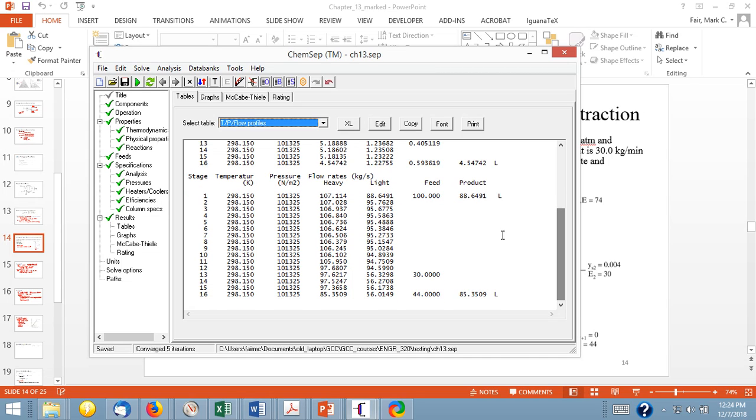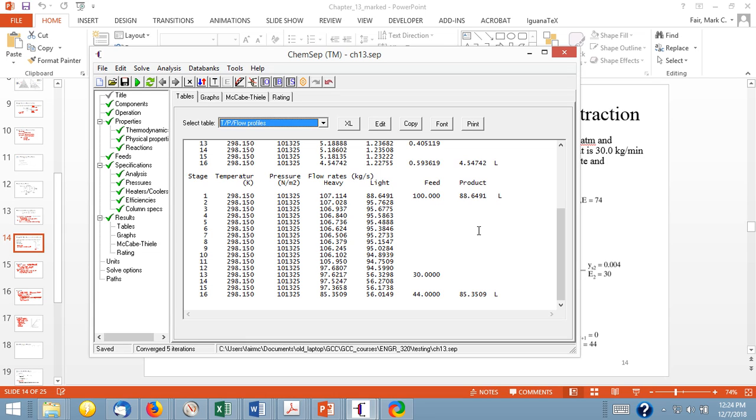So let's get down and look at this for a moment. I want to have you kind of interpret what we're seeing here. So you see that there's a light and a heavy, right? And that's kind of the countercurrent flows going through the extractor.